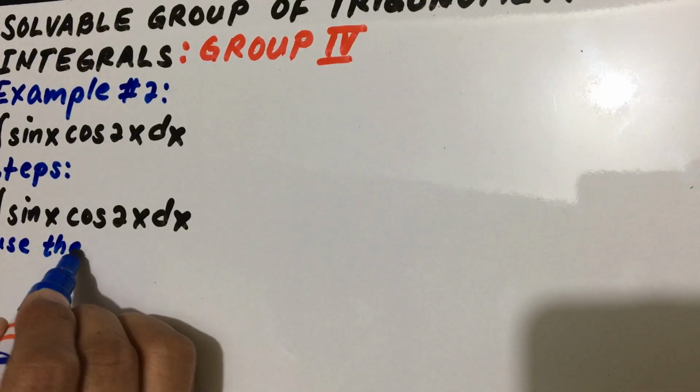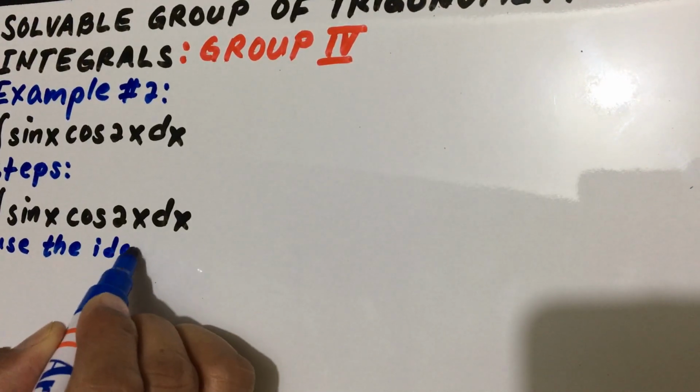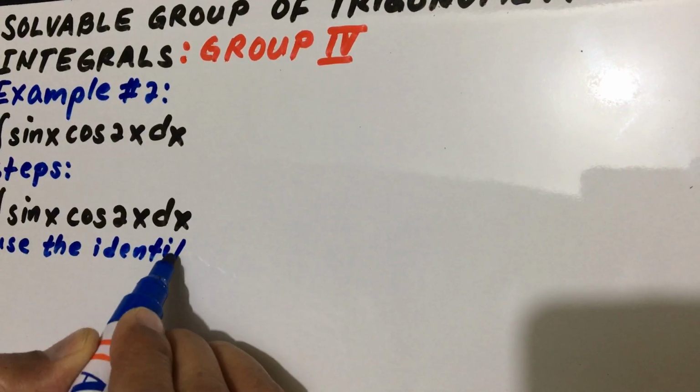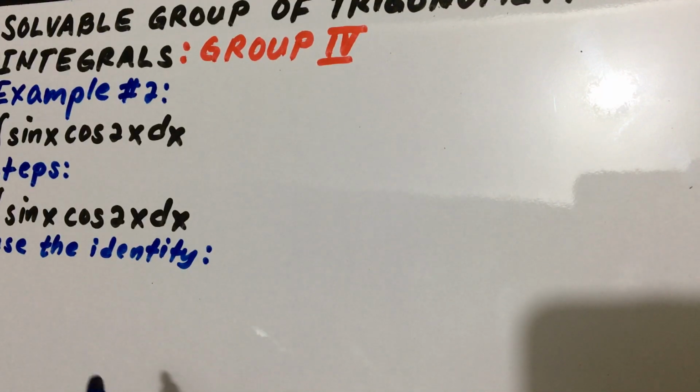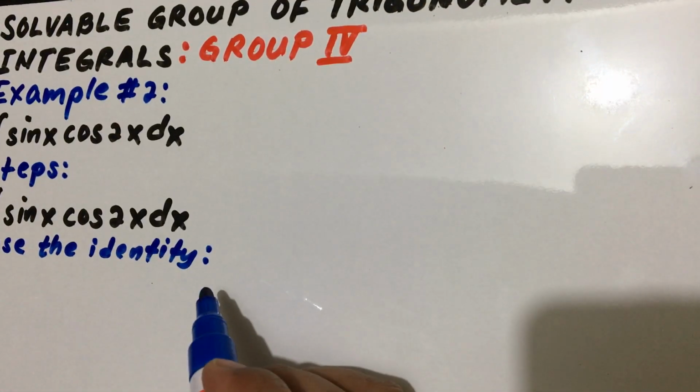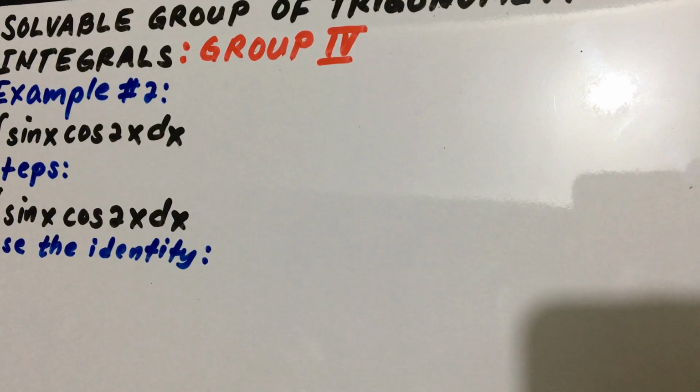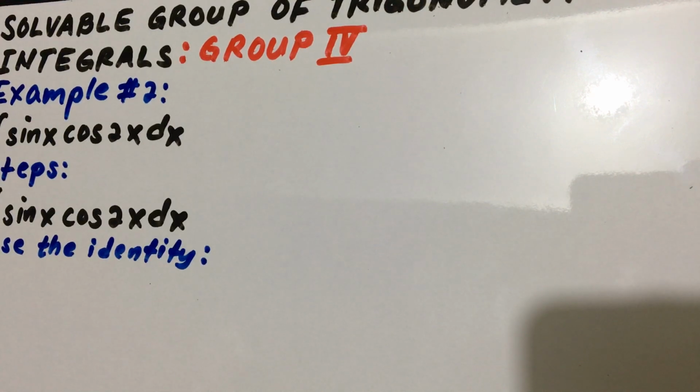So use the identity. What identity is that? If you can still remember from what we have discussed in our first example, we have here the identities.